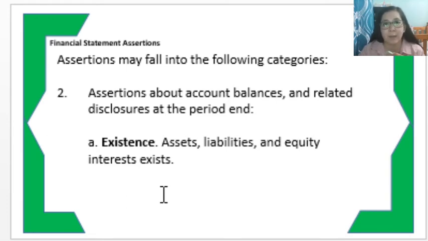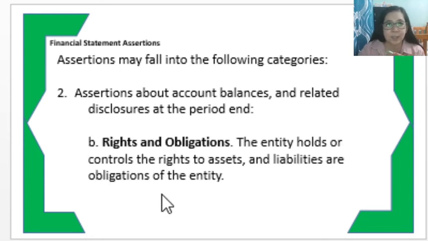For example, if they have presented inventory in the statement of financial position, that amount of inventory should also be present in the warehouse or in the premises of the entity for physical accounting to determine if they are the same in terms of amount that is presented in the FS, or any liabilities of the entities are really existing as of that period end.